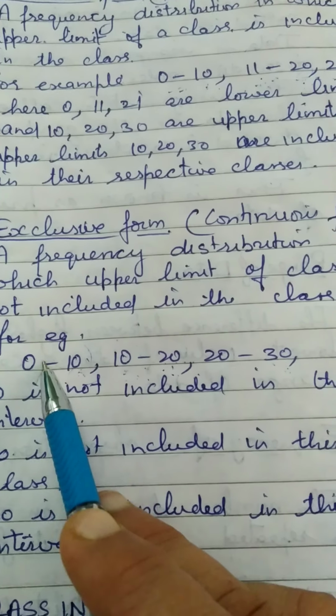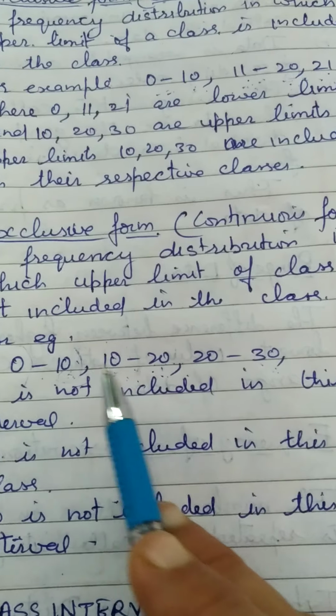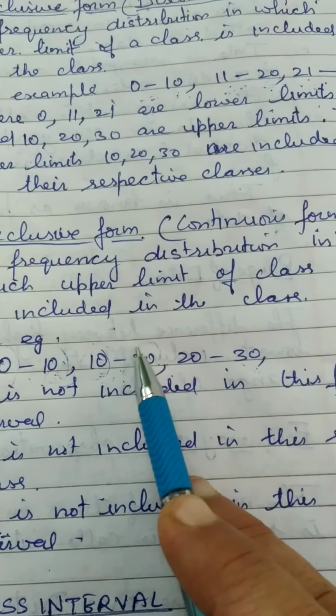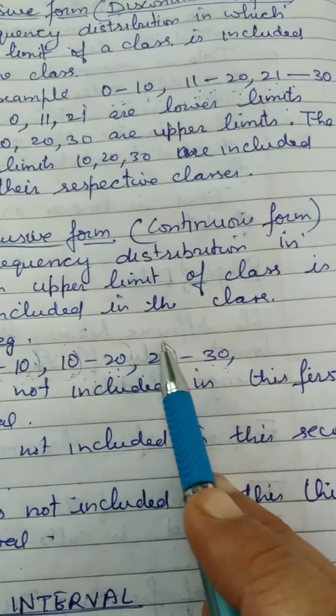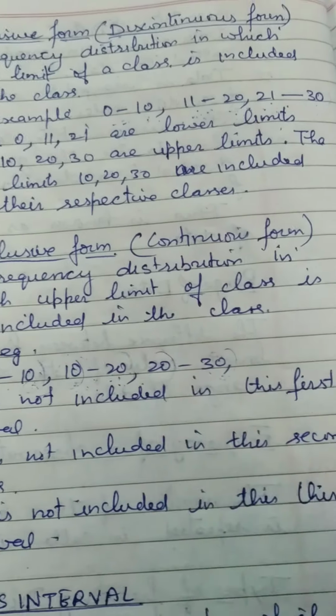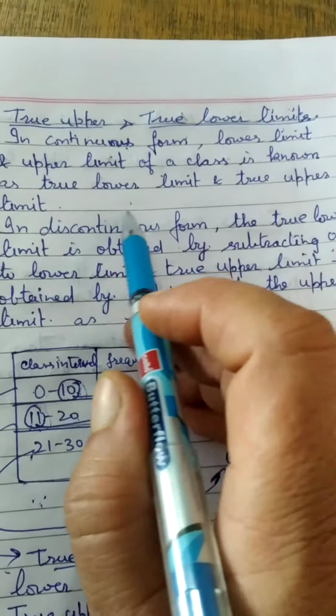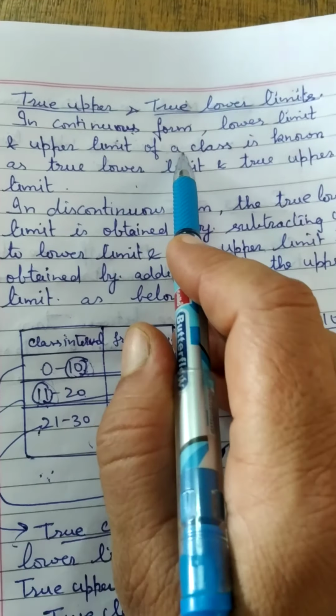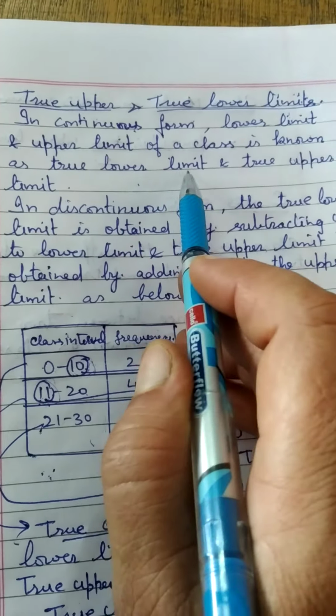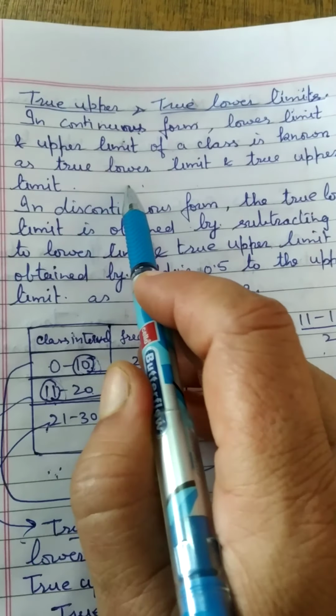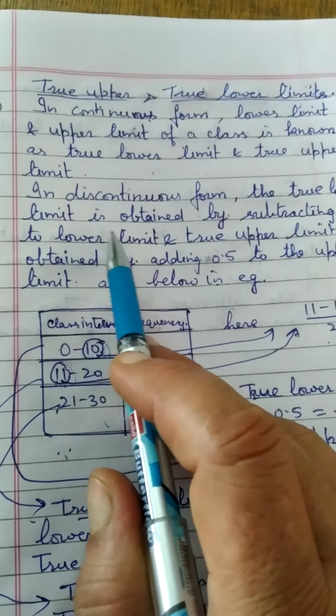Then here 0 is the lower limit and 10 is the upper limit. Here 10 is the lower limit and 20 is the upper limit. And then 20 is the lower limit, 30 is the upper limit. Now, what we have done: in continuous form, the lower limit and upper limit of a class is known as true lower limit and true upper limit.